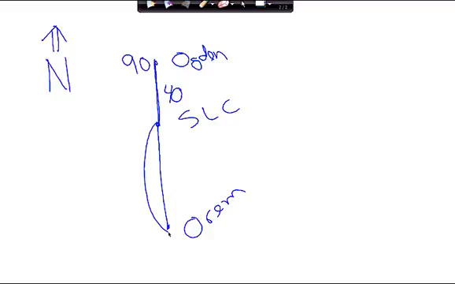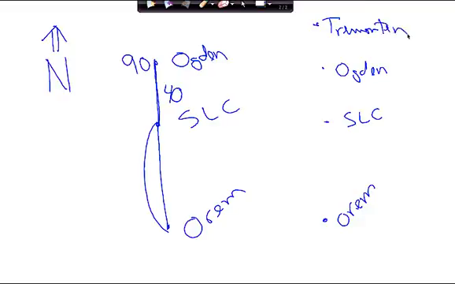Now, guys, imagine if we went from Orem to Salt Lake to Ogden to Tremonton. And so we now understand that this is 50, and we understand that this is 40, and this is 20. How far is it to Tremonton? 110. You get the idea there as well, right?